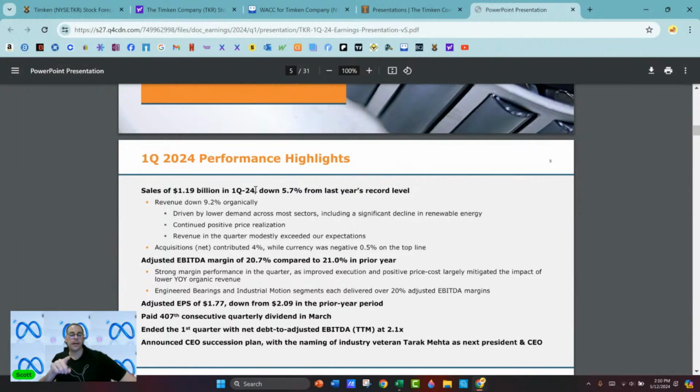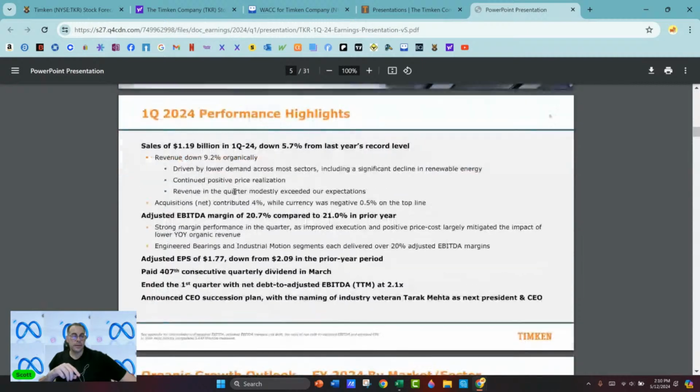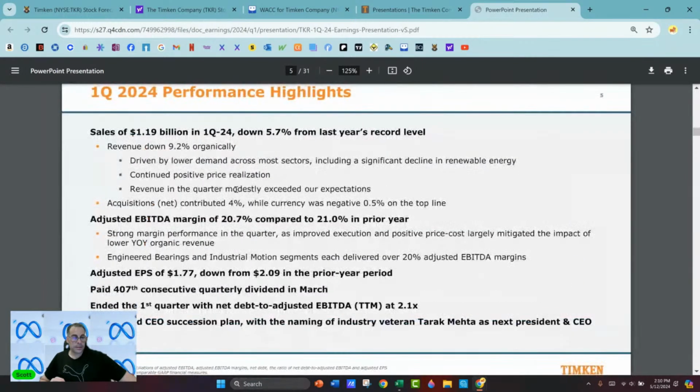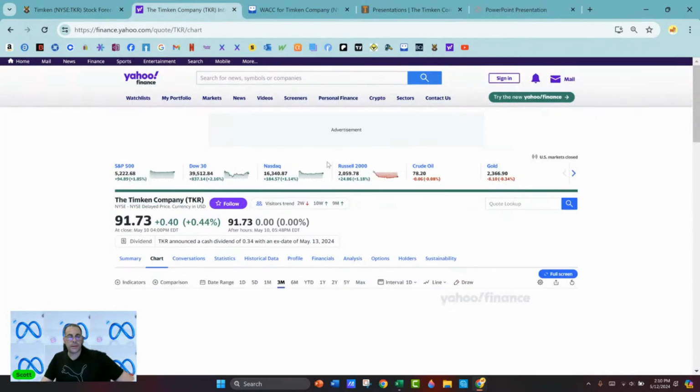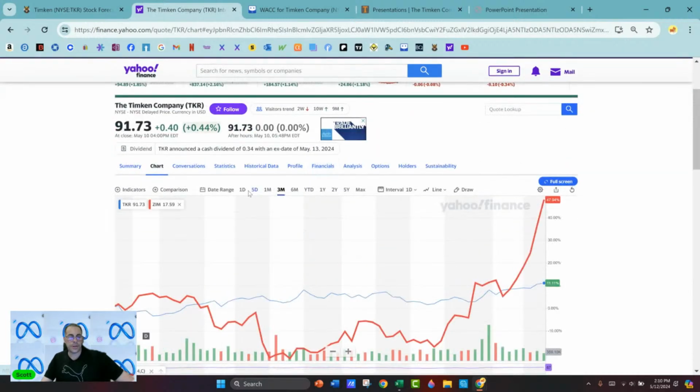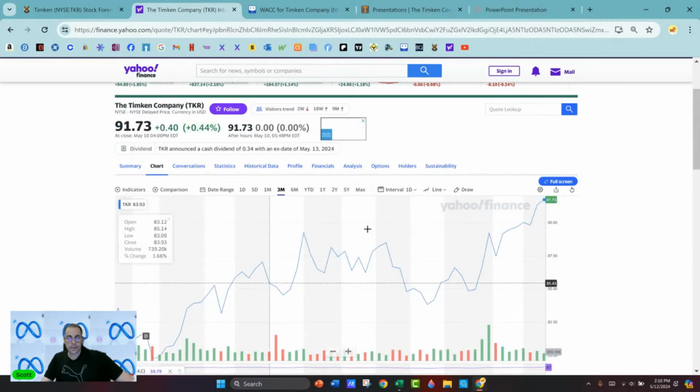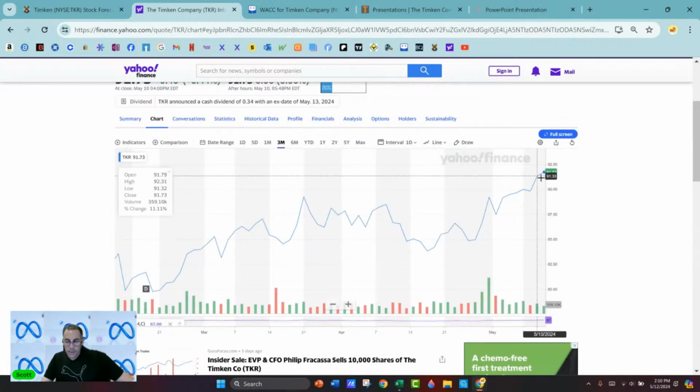So first quarter sales were down 6% from last year's record level. I wonder about the stock drop, because stocks usually drop if there's a decline in any fashion. No, it went up.